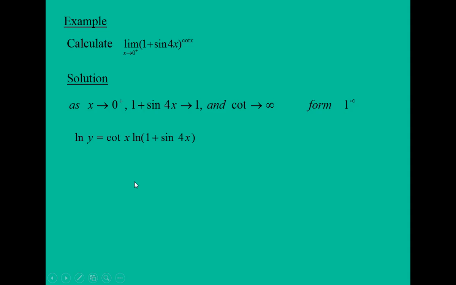Now the limit for each side, notice that we are able to rewrite cotangent as 1 over tangent of x.